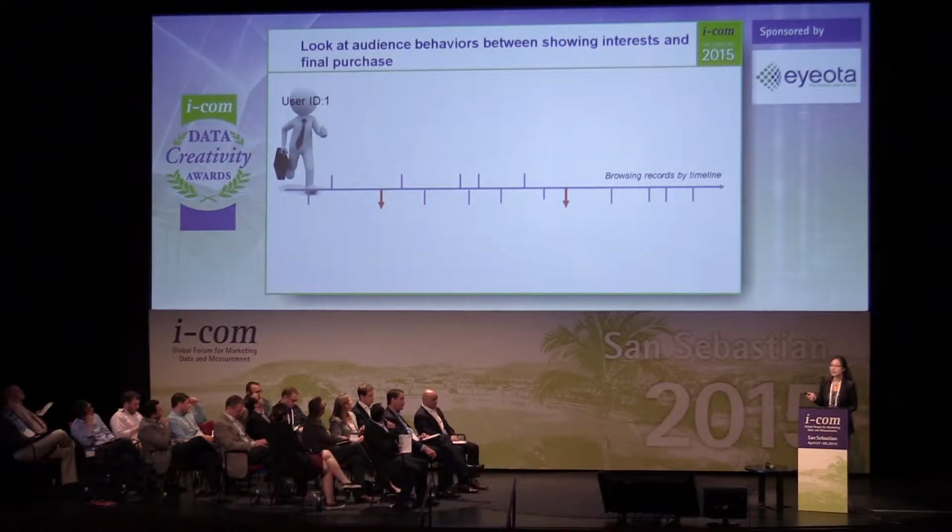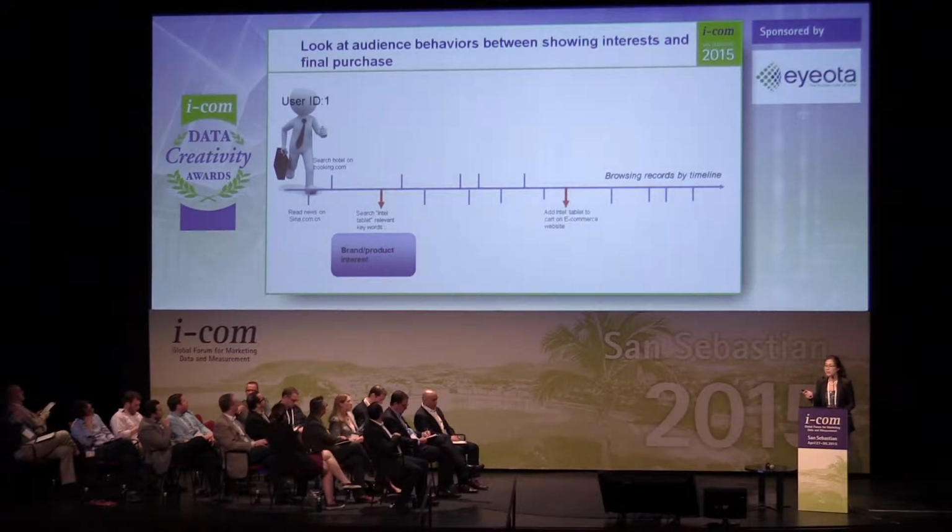Our solution is we find target audience by certain online behaviors. This is a user's browsing records by timeline. So this user did some behavior such as read news, search hotel information, and then at a certain point, this user searched Intel tablet relevant keywords on a search engine.